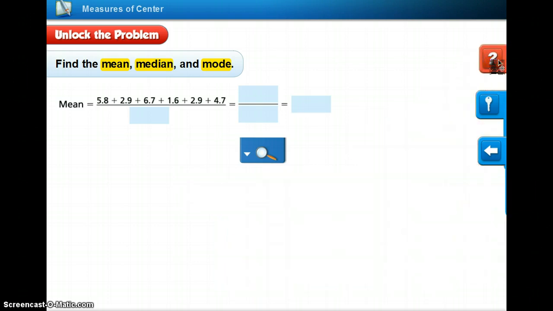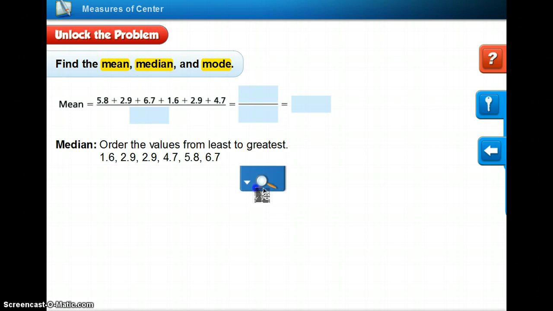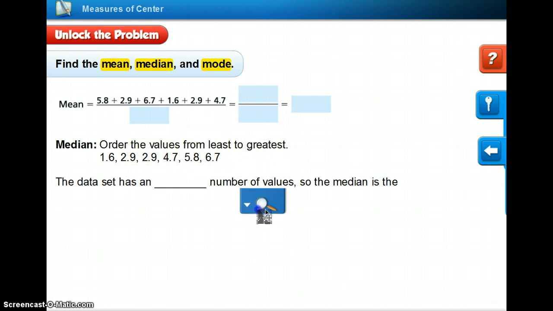So first we're going to look at the median. To find the median, we put them in order from least to greatest, which we've seen done already. It has an even number of values: 1, 2, 3, 4, 5, 6.